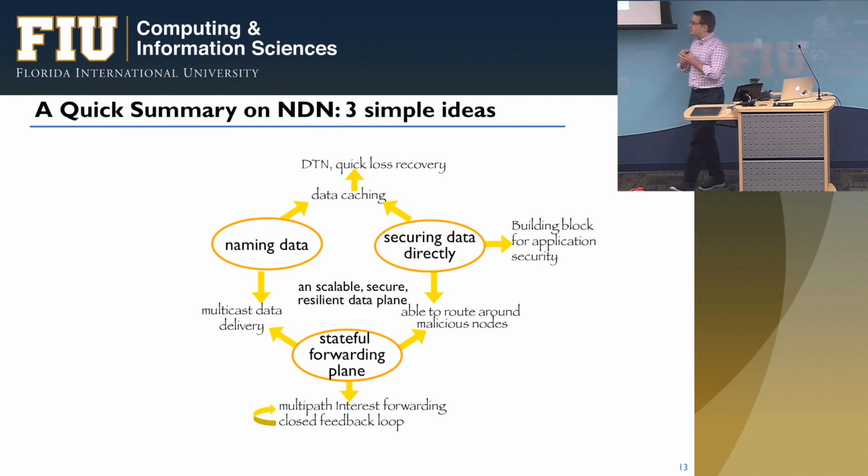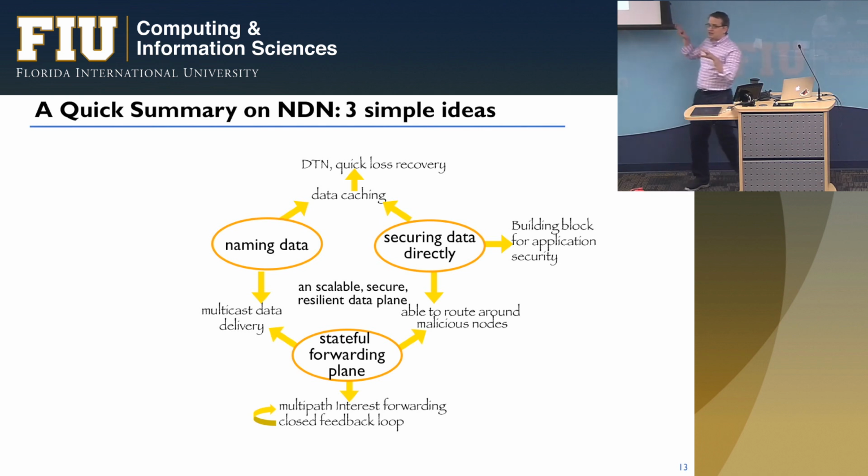And another important piece of the completeness puzzle is stateful forwarding. So, in order to implement scalable forwarding, I apologize, there are more errors on this slide, and I'll rephrase it.